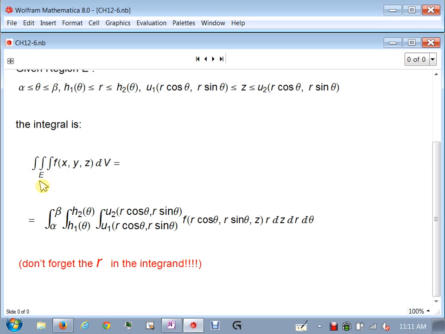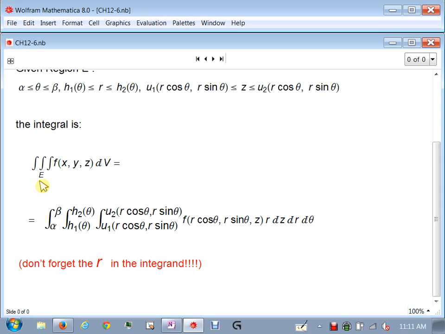Our h1 theta, h2 theta is our restriction on the radius, so our inner integral is with respect to r. And then the innermost integral, between the two surfaces, will be with respect to z, because we have not changed z, because in cylindrical you leave z.